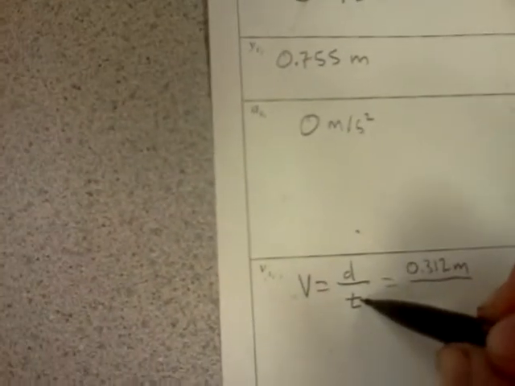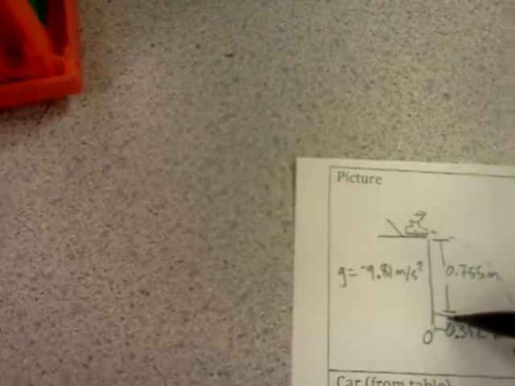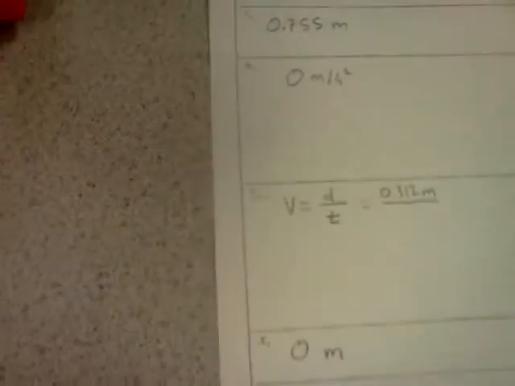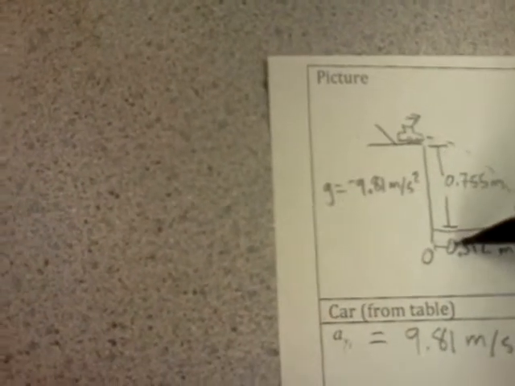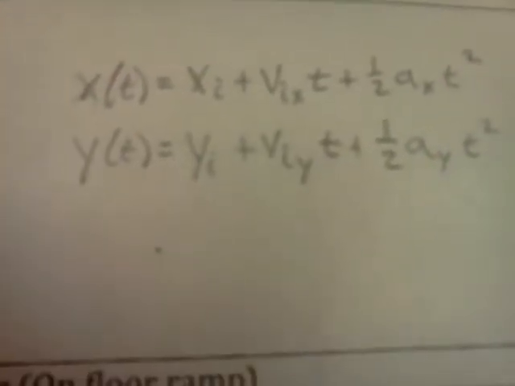And our time is going to be the same time that it takes for the car to fall from the table to the floor. That's why we had to add time down here. So we're going to find the time that it takes for our car to fall this vertical distance, and to do that, we're going to use our Y equation right here. Y is equal to Y initial plus velocity in the Y direction times time plus 1/2 a t squared.